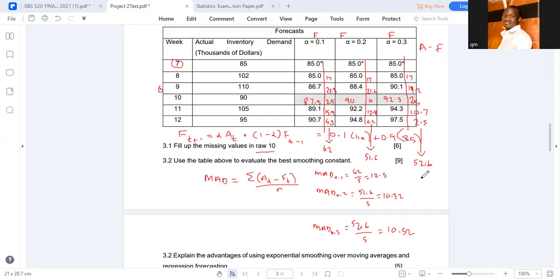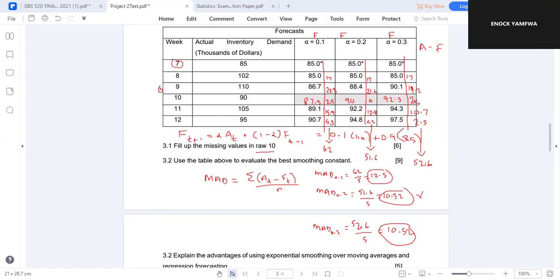You pick the smallest one. So we have 12.5, 10.32, and 10.52. Which one is more accurate? The one for 0.2 is more accurate.